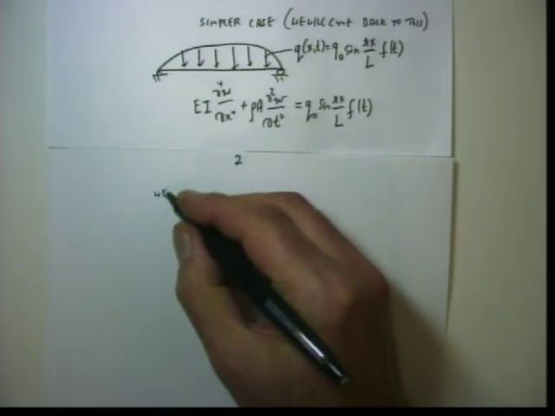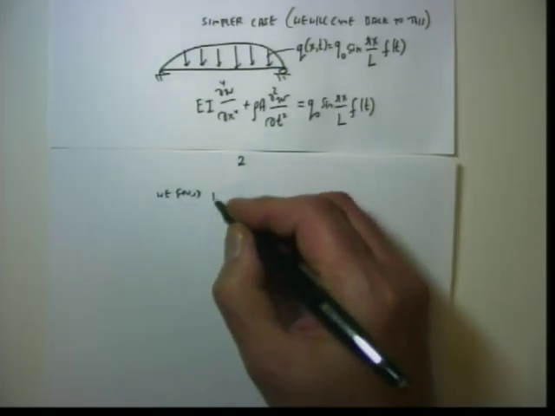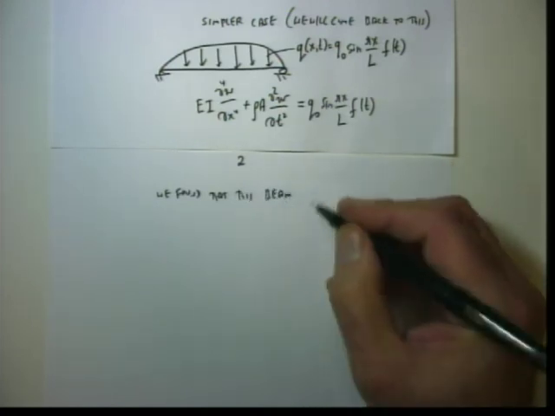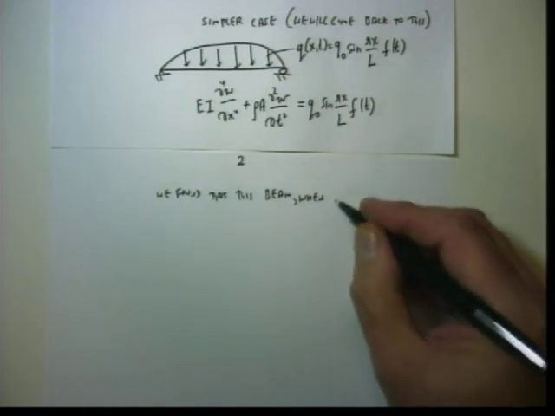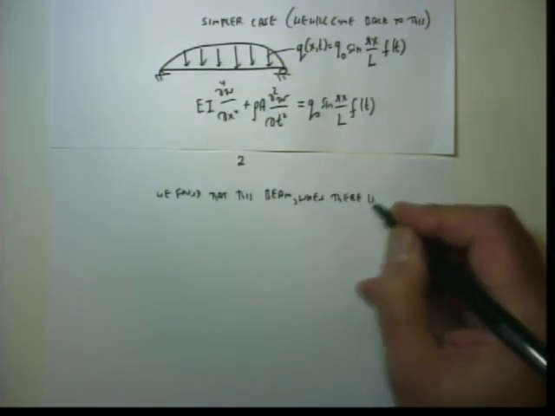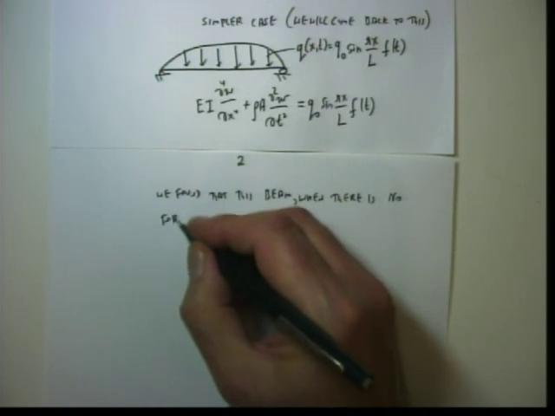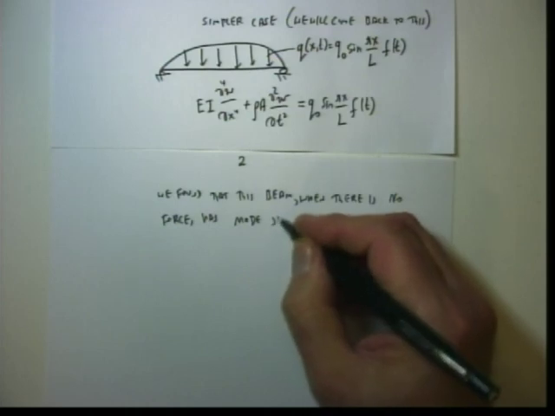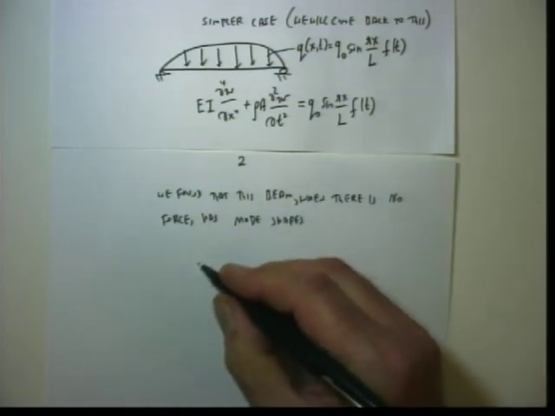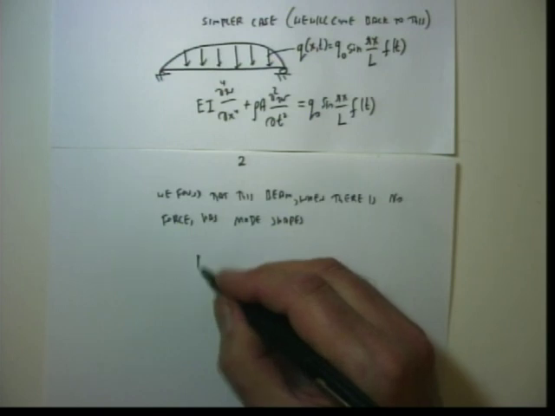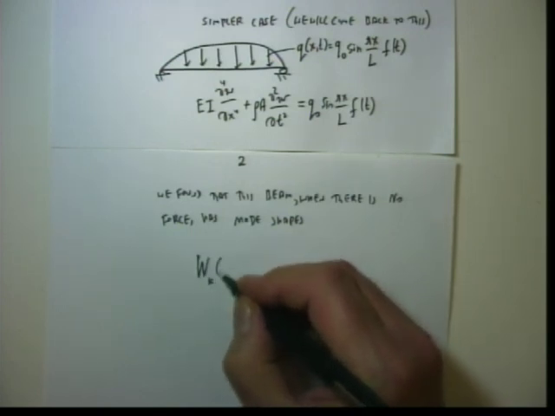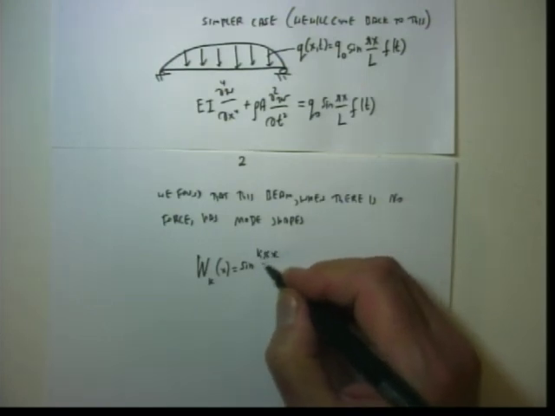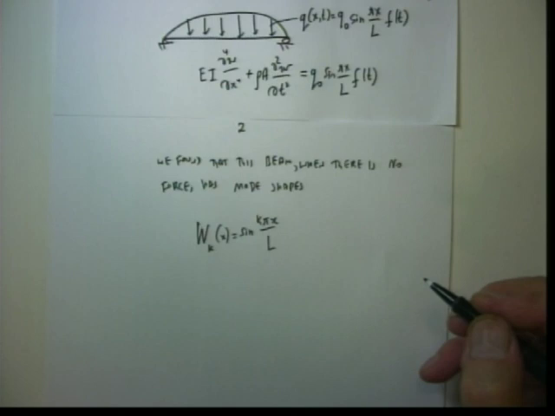Now we found that this beam, when there is no forcing, no force, has mode shapes which are like this: W k of x equals sine k pi x over L. Okay, we determined this.